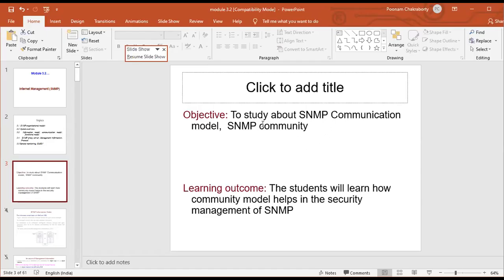So SNMP, a manager can communicate to the agent using the community profile. So it's an altogether different topic, how communication takes place in the community. Okay, so why we are making a community is just to involve the security.